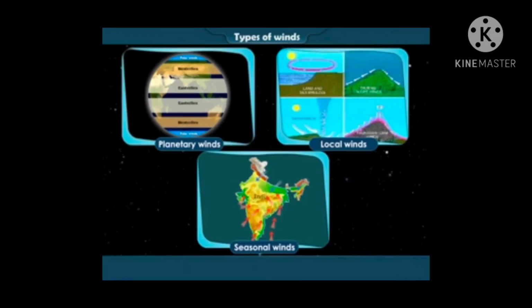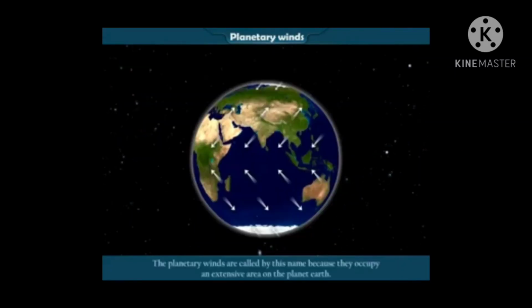As I told you, they are named by the direction from which they blow. Winds are of three types, namely planetary winds, local winds, and seasonal winds. We are going to see them one by one. Let us first begin with planetary winds.